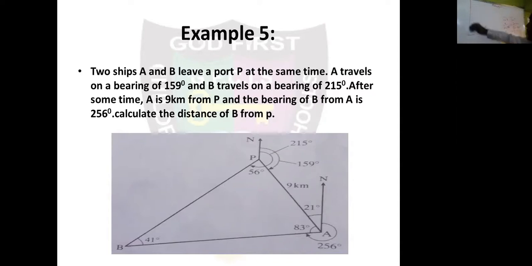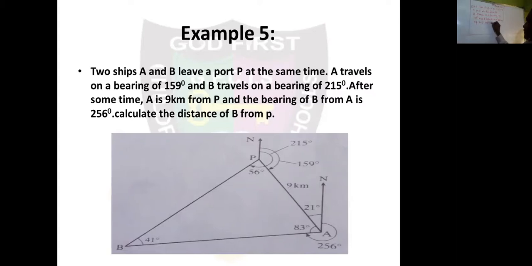So I'll still write the question because I need the question for interpretation. Example 5, two ships, A and B, leave a port at the same time. A travels on a bearing of 159 degrees and B travels on a bearing of 215 degrees.